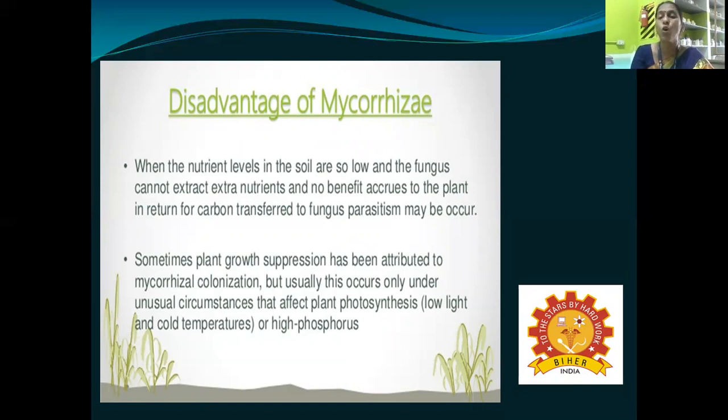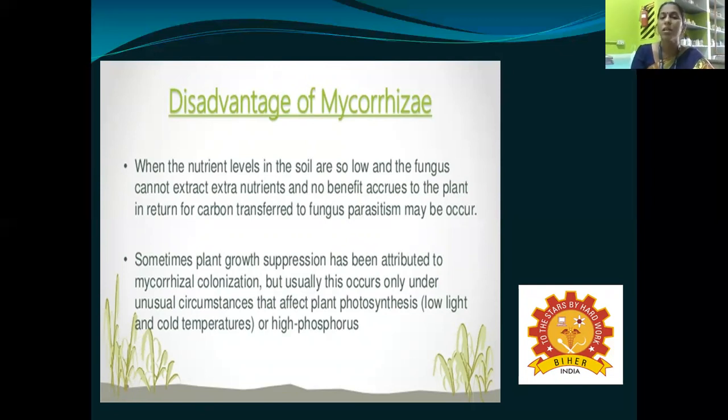Parasitism means that more fungal growth may occur at the expense of nutrients and inhibit the plant growth. Everything too much causes damage, right? Same thing here: if your nutrient levels are very low in the soil and the fungus cannot extract them, then the fungal growth is also affected.